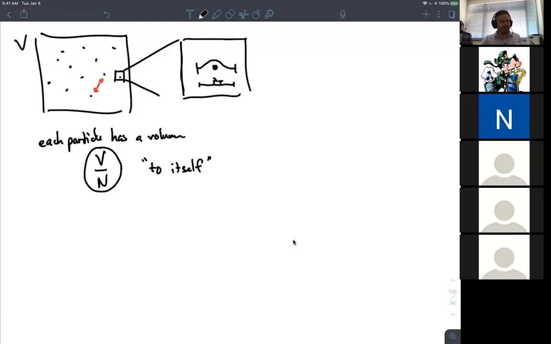Okay, so each particle has its unit volume cell that it occupies.